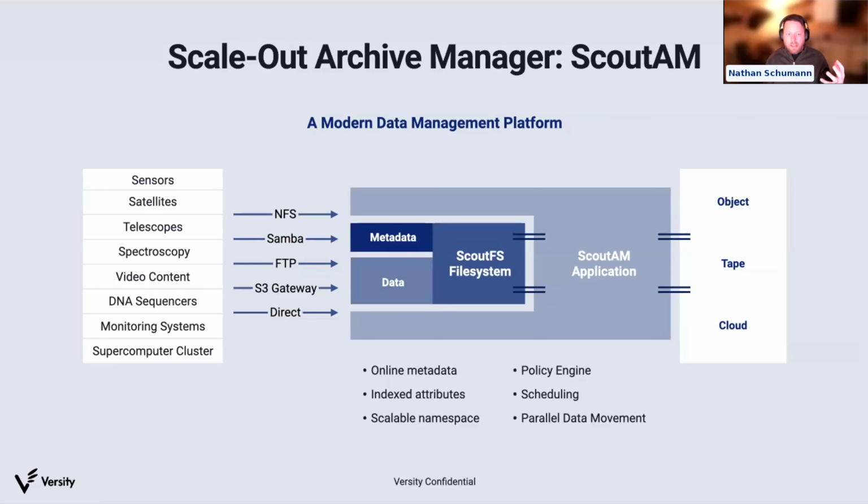Metadata is something that describes the archive. It is the namespace. It's what users interact with on a daily basis and how they do things like an LS or a find within the archive so that they know what's stored, what to go get. And so metadata is always persistently available. It's always online and searchable.